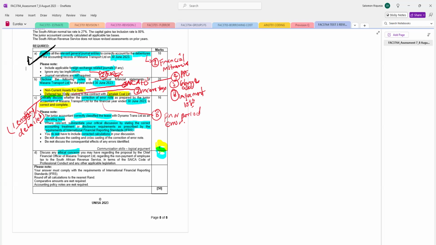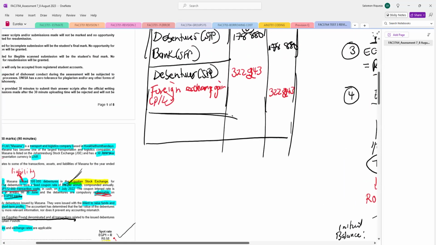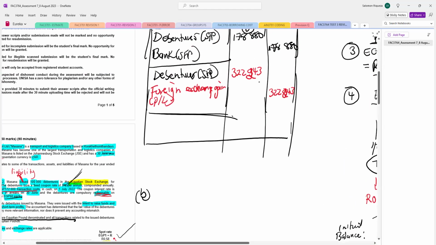Right, so the name of the company is Masana Transport Limited. I'm going to start here with my notes. So this is B. The name of the company, Masana Transport Limited.